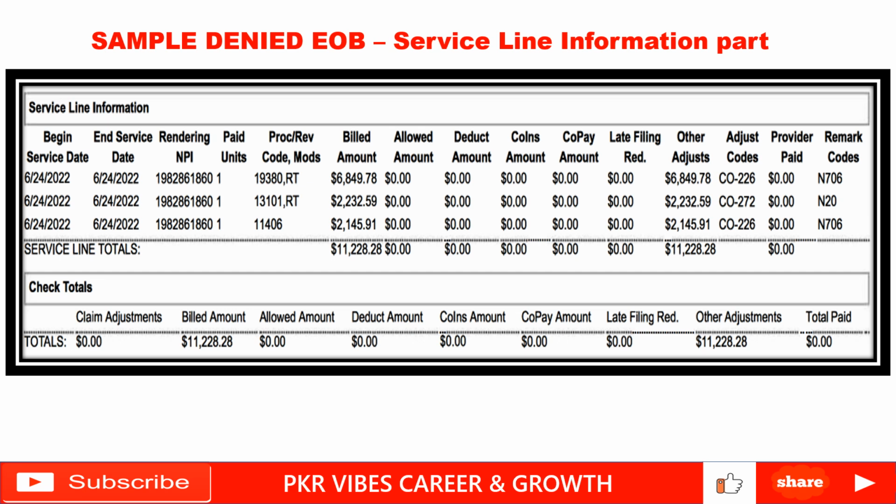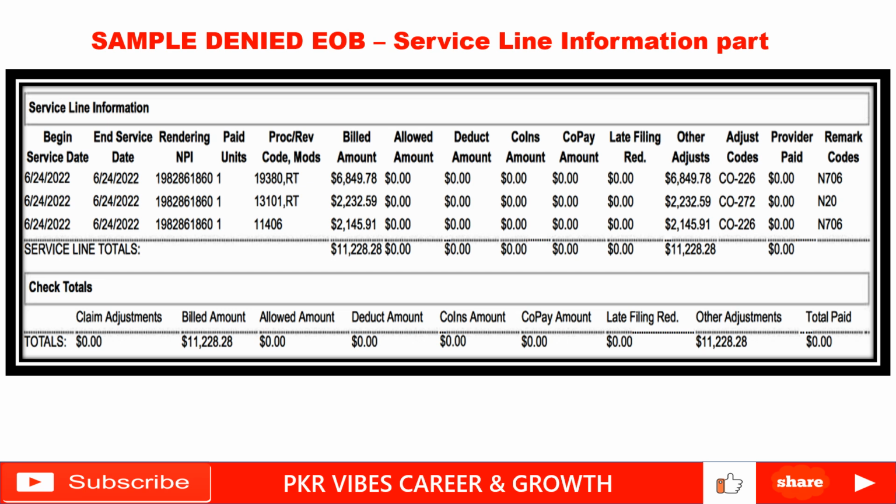Generally, whenever you open the EOB you will see this kind of information on a denied EOB. At that time your first job is to look at the provider paid amount. See here, the provider paid amount for each procedure code is $0. So first you have to look at the provider paid amount, it is zero.